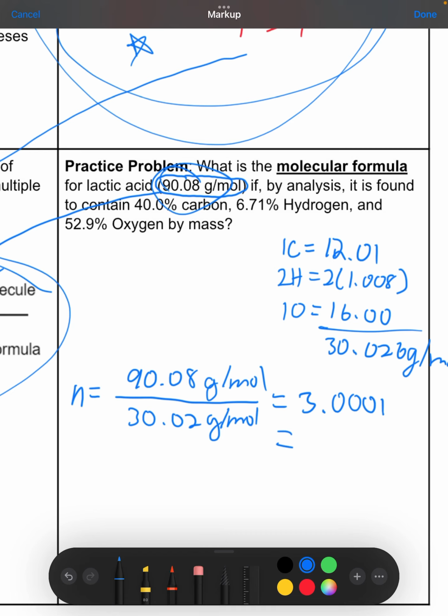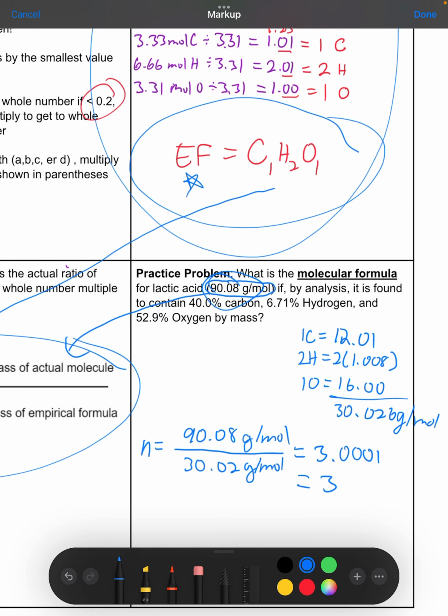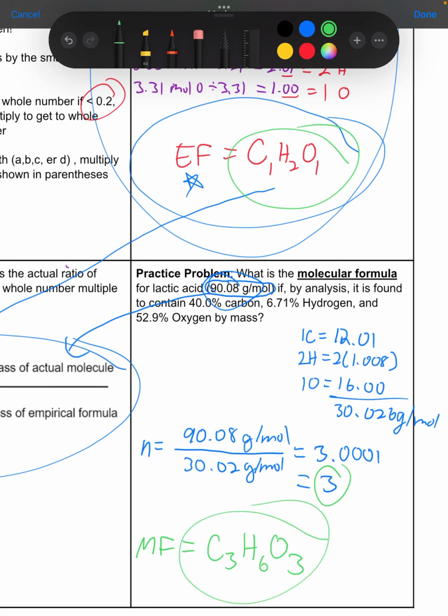I am going to round that off to a whole number, 3. So that 3 is my multiple that tells me how many I need to multiply my empirical formula by. So just as a reminder, my empirical formula is up here, C1H2O1. If I multiply all of those subscripts by 3, I get that my molecular formula is equal to C3H6O3. And that is my final answer for molecular formula.